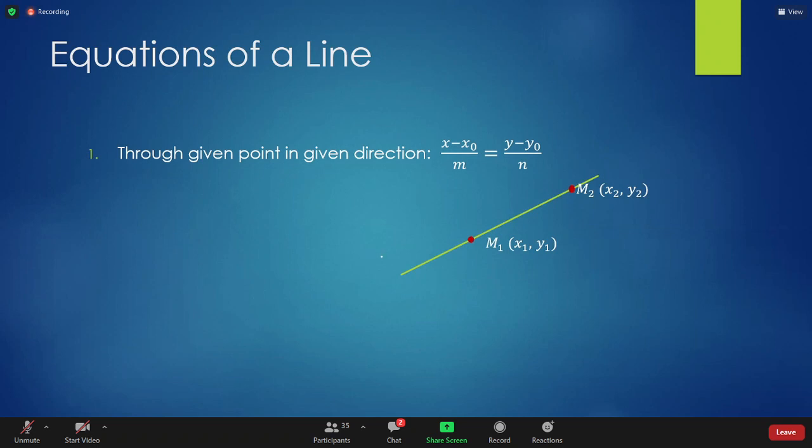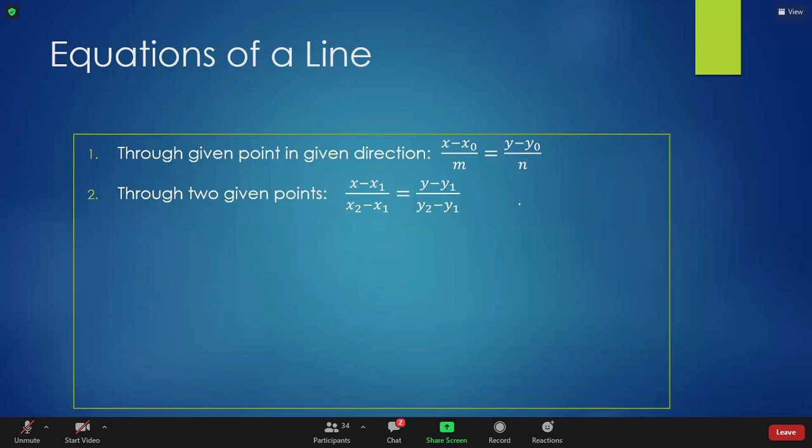So the vector is seemingly not given. The direction is seemingly not given. But let's understand that a vector on the line, including, for example, this vector m1, m2, is also a very good direction vector because it does indicate the direction. So we have this second type of equation through 2 given points. Or sometimes we say the point-point equation.